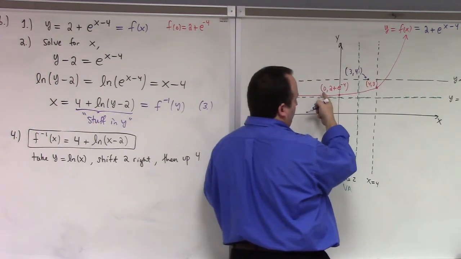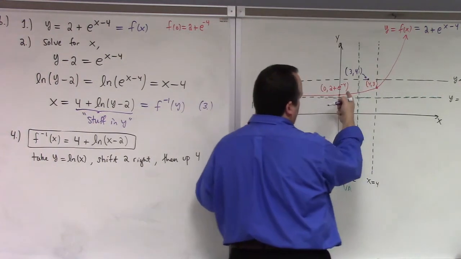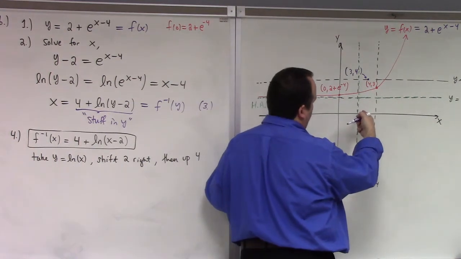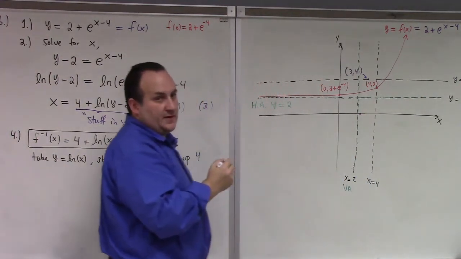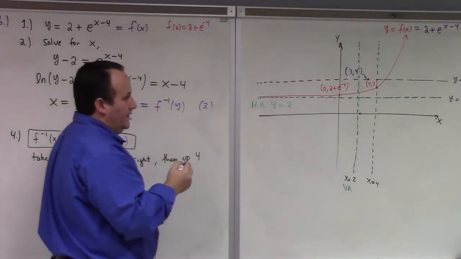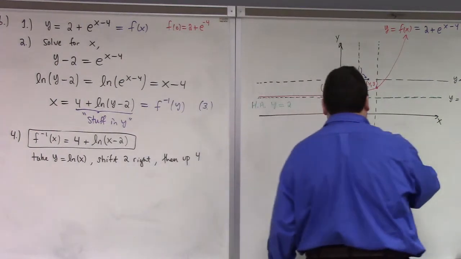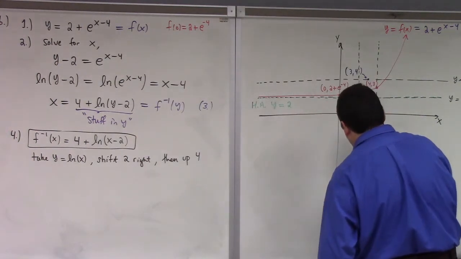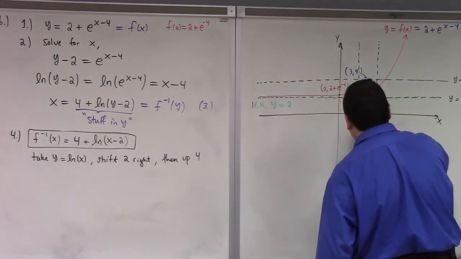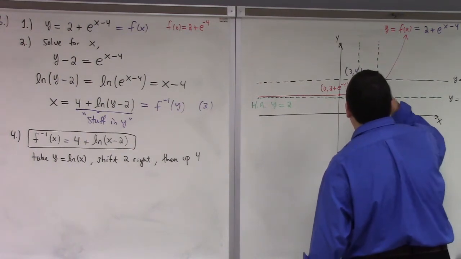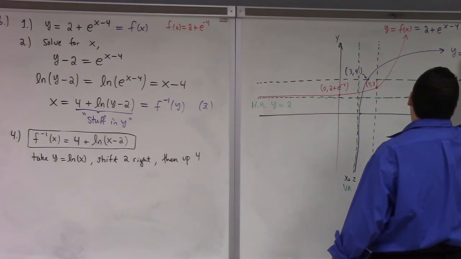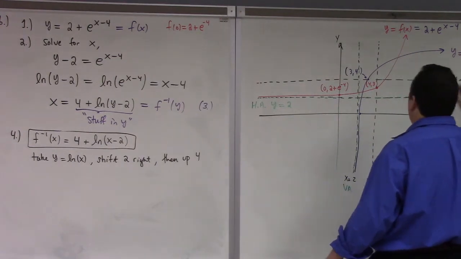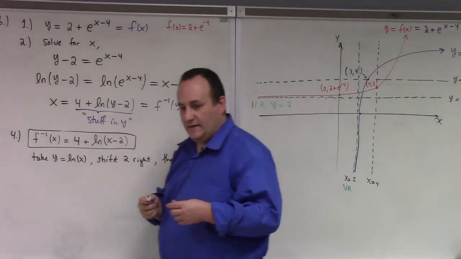And where is 2 plus e to the 4th, comma 0? That's like here-ish. That's there. And so what we got is a vertical asymptote like this. It comes up through this point, comes up through that point, and then bends like that. So something like that, if I did it right.